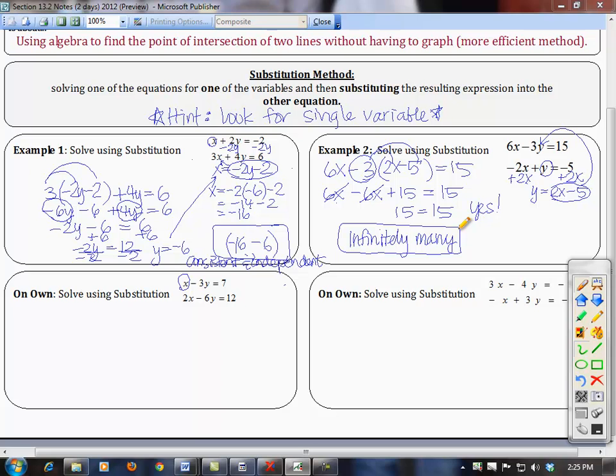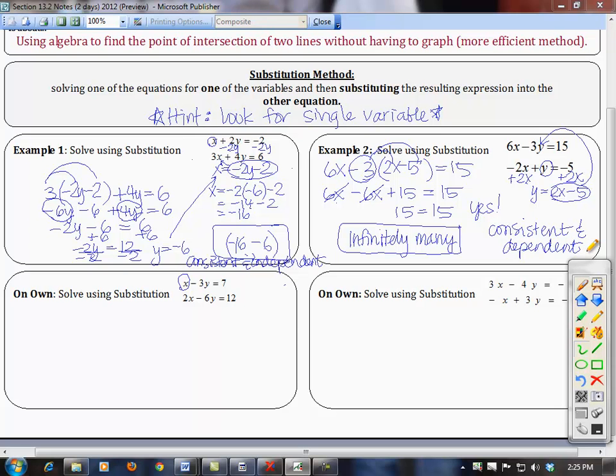The x's will always cancel out, and I will always get a statement that's true. 15 equals 15. Therefore, there are infinitely many solutions, which means it's one line on top of another. So if I label my system, it's consistent, and because it's infinitely many, it's dependent.